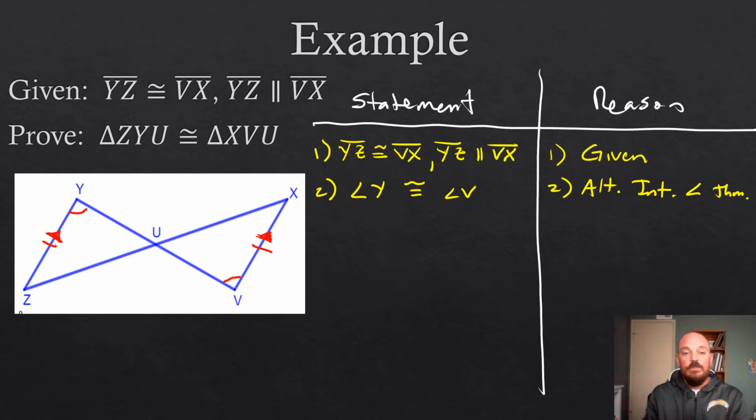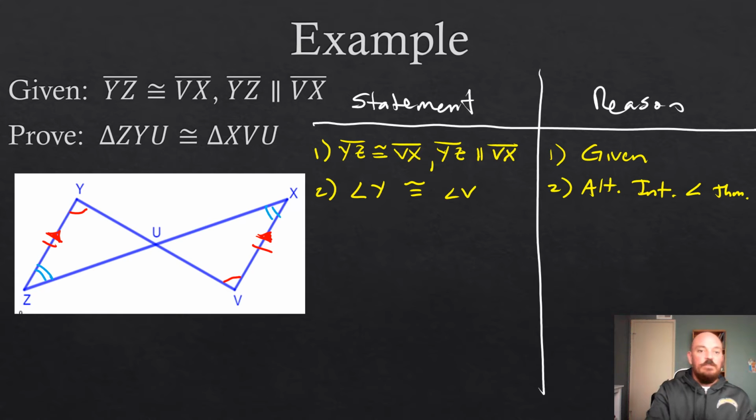And it turns out for this one, we could actually get either angle. Depending on how you think about this, there's two ways to finish this proof. And I'm going to go through both of them just so you can see them. One thing I could do is I could say angle Z is congruent to angle X. Now, if I do that, the reason it's going to be alternate interior angle theorem again, you're just using the other line as the transversal.